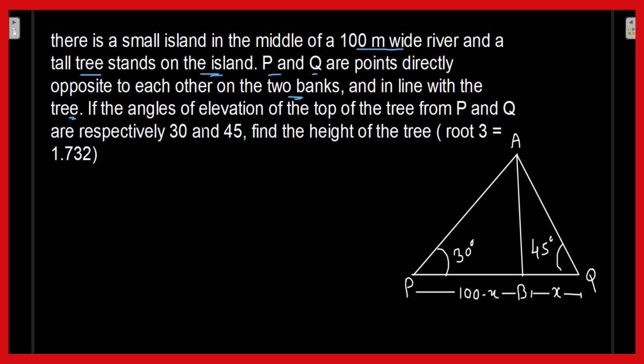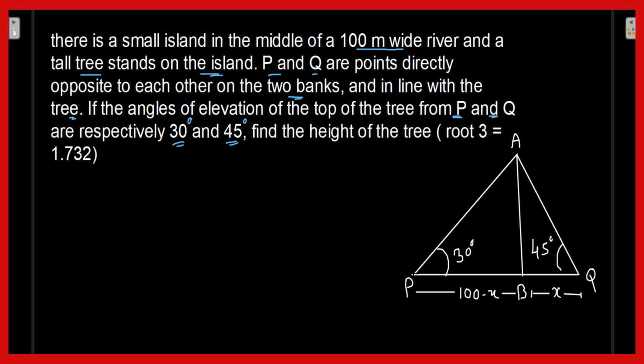If the angles of elevation of the top of the tree from the points P and Q are respectively 30 degrees and 45 degrees, find the height of the tree, where root 3 is equal to 1.732. Now here there is a river, and the width of the river is 100 meter.